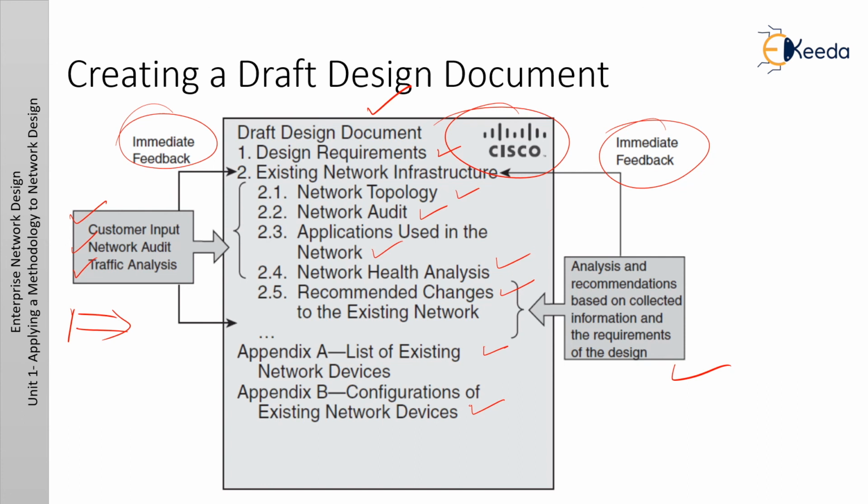A summary section describing the major network services used in the existing network, such as Open Shortest Path First, Border Gateway Protocol, and Internet Protocol Security, IPsec. A summary description of application and overlay services used in the network. A summary description of issues that might affect the design or established design requirements, a list of existing network devices with the platform and software versions, and configuration of existing network devices, usually attached as either a separate document or appendix to the design document. So with this, we can create the draft for the design document.